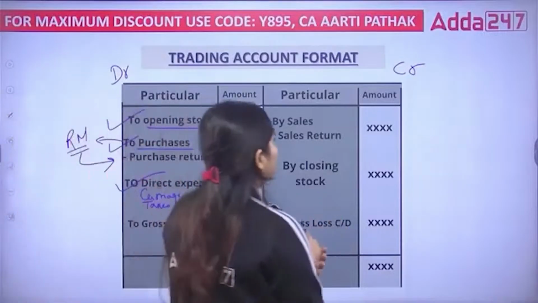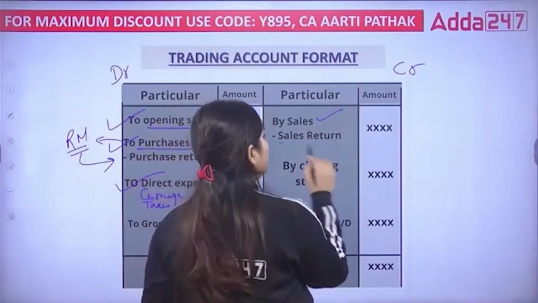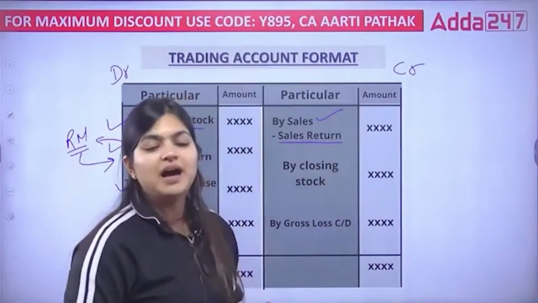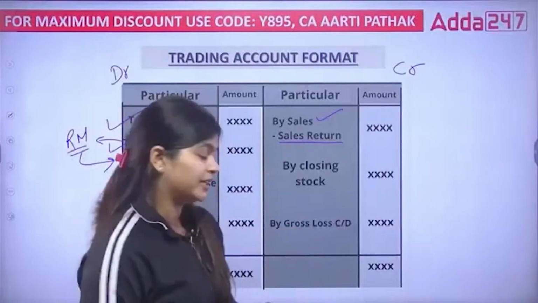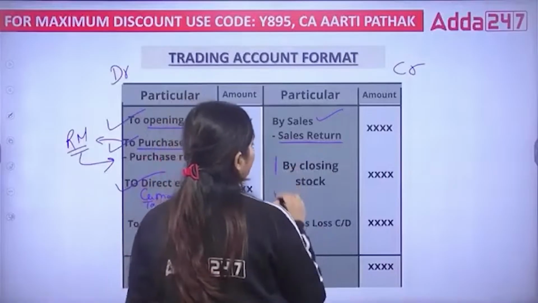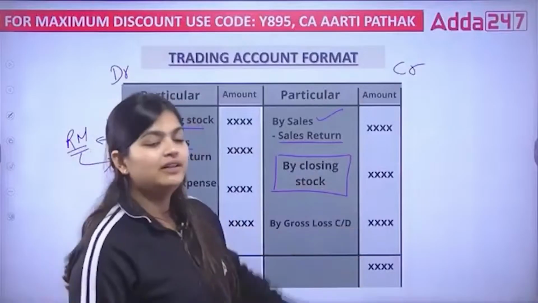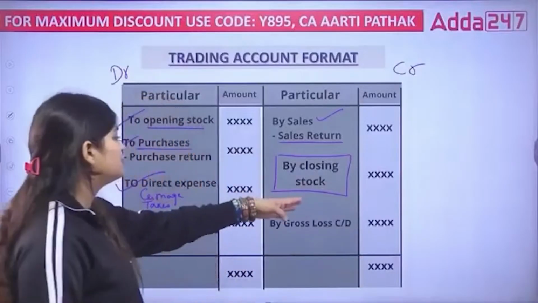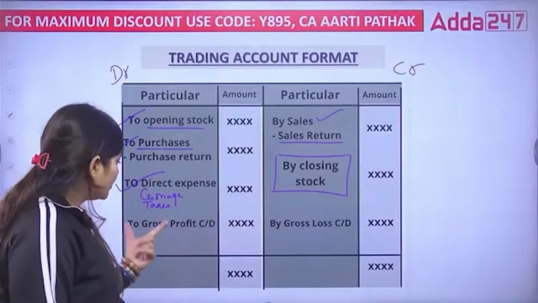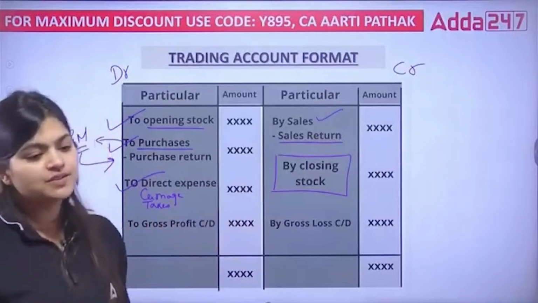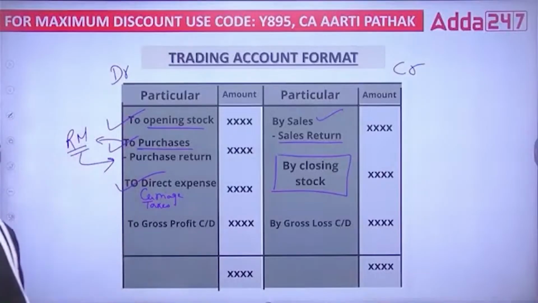On your credit side, you show your sales, and if customers have returned any goods, you subtract it. At the end of the year, if you have any remaining stock in your godown, you write its balance. After subtracting these two sides, you receive gross profit or gross loss. This is your trading account.